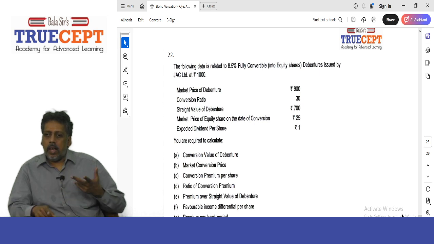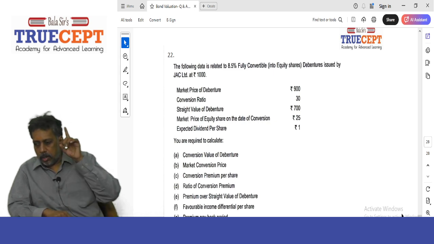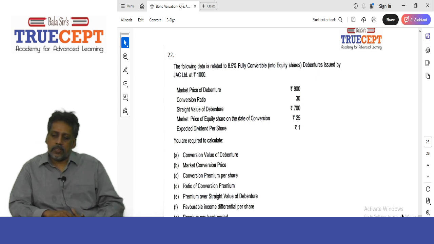Now let us go ahead and take on this example, question number 22 from your handout. The following data is related to 8.5% fully convertible into equity share debentures issued by JAC Limited at rupees 1000. The market price of debenture is 900 rupees.